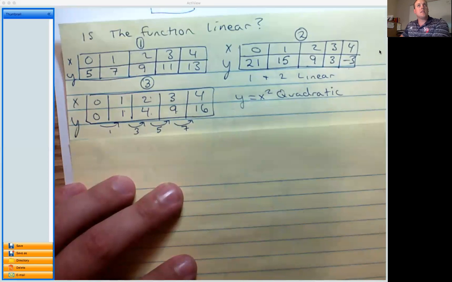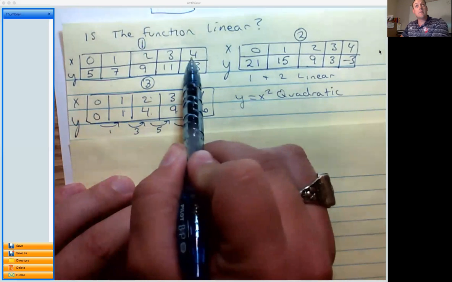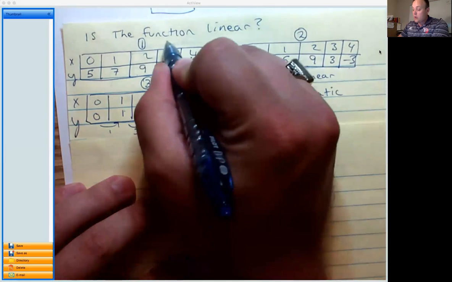Is it negative 2? No, it's positive 2. So the slope is 2.